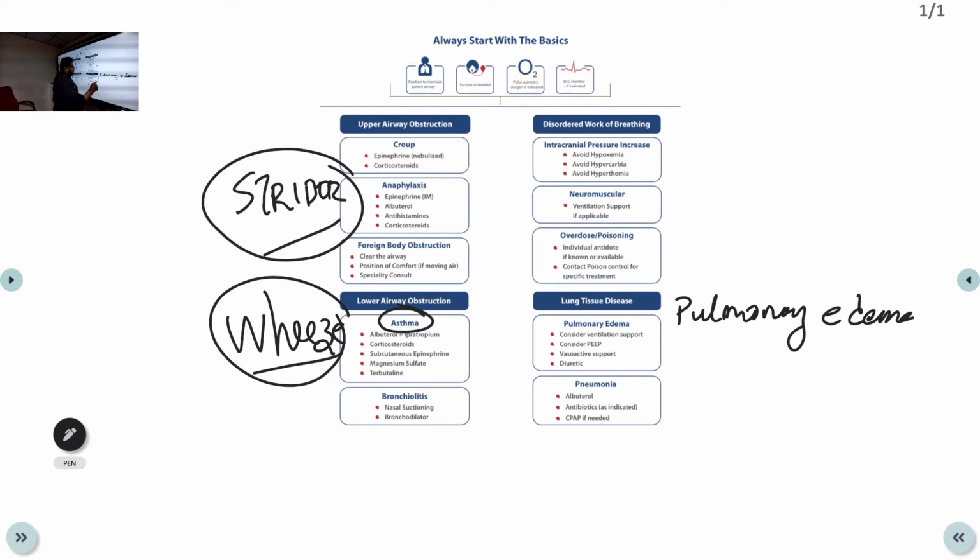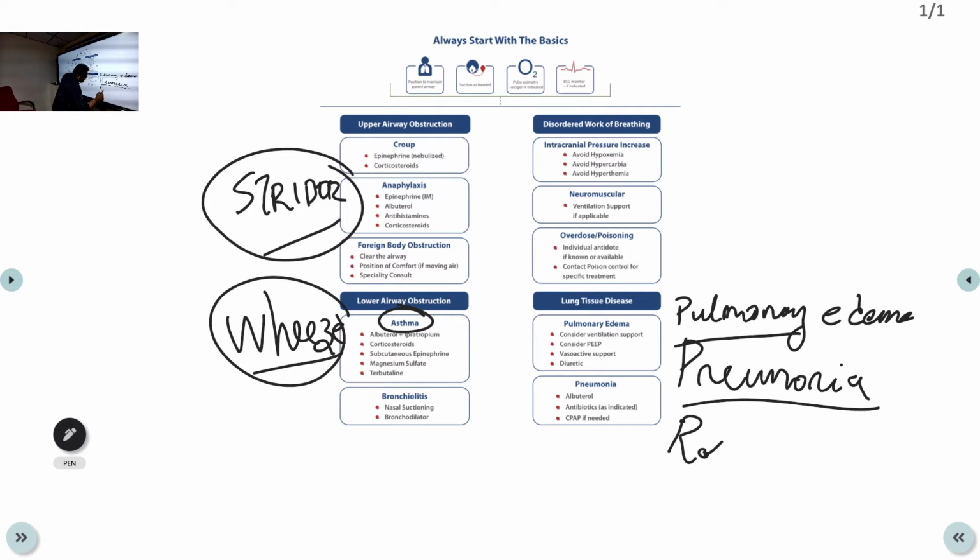And the most common one is pneumonia. In both of them you can get rales or crepitations. So that is how you need to differentiate. Here you can hear stridor, here it will be wheeze, and in pulmonary edema and pneumonia you will hear crepitations.